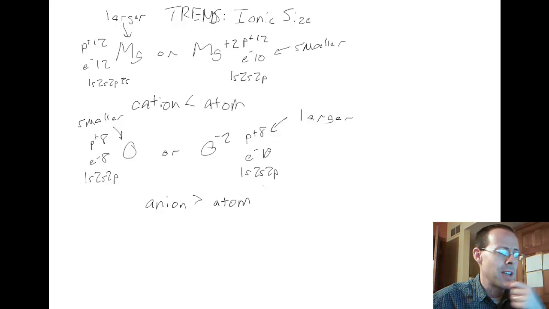The other way to think about this is, what do electrons do? They repel each other because they're all negative. 10 electrons are going to have more repulsions than 8 electrons, so the electrons force each other out, and those protons can't attract them as strongly either. So really there are 2 reasons why anions are always larger in size than atoms.